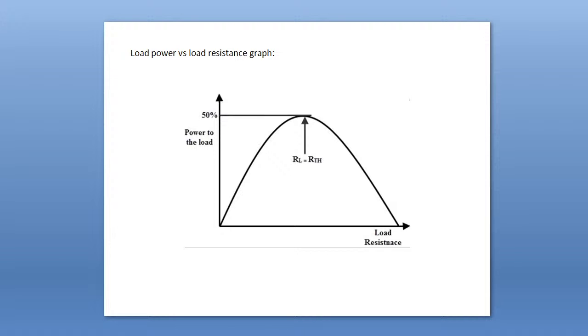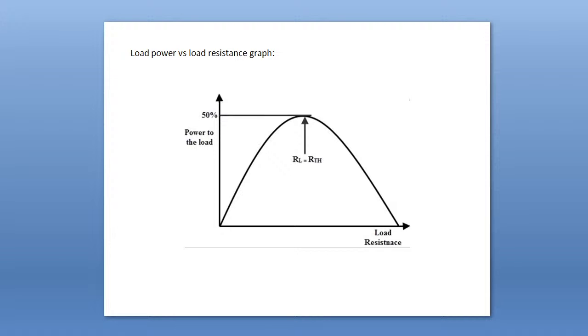So your load power versus load resistance curve must look like this, a parabolic, bell shaped, symmetric curve with respect to RTH, the source or input resistance of the circuit, or Thevenin resistance of the circuit. At Thevenin resistance you will get the maximum power at the load side, that is 50%.